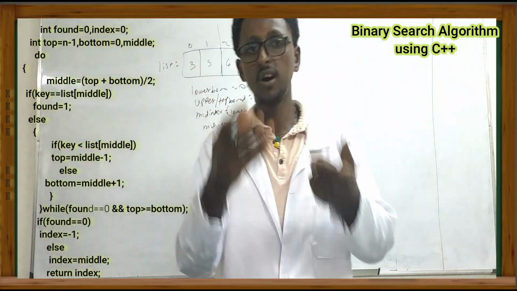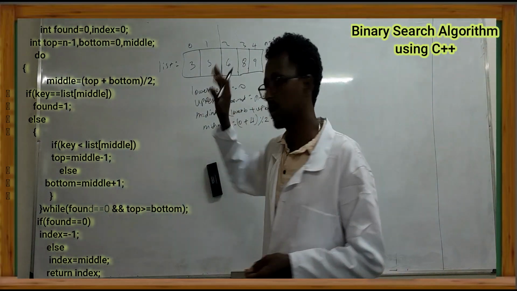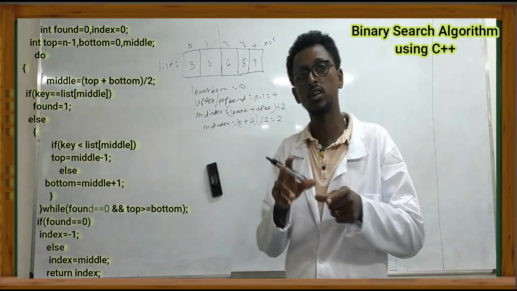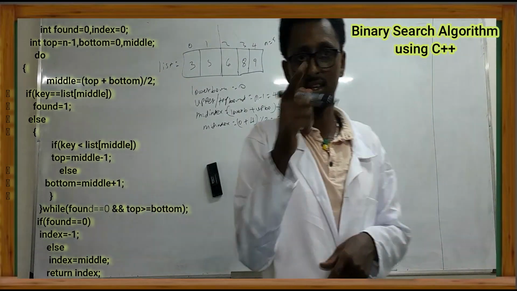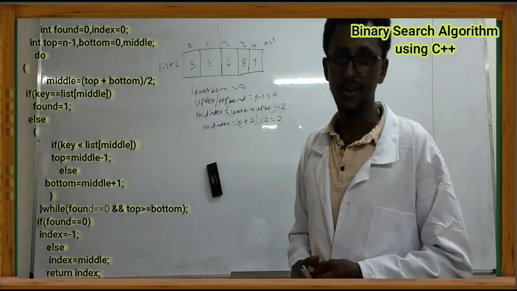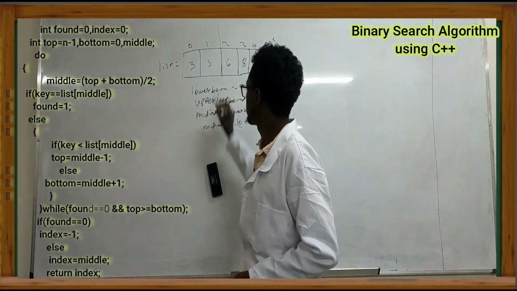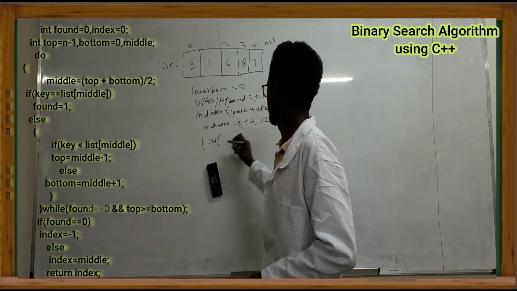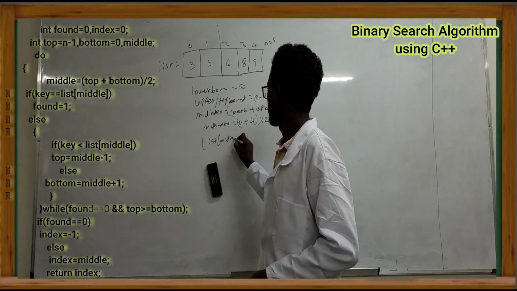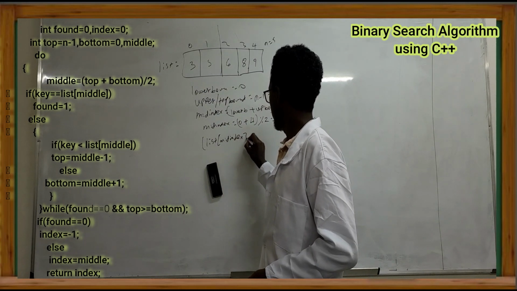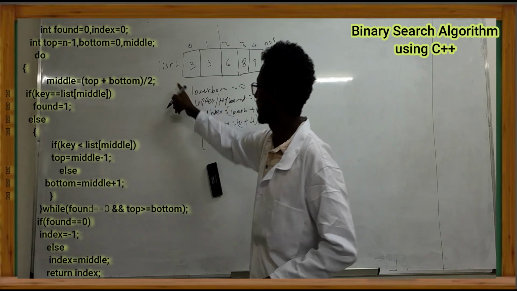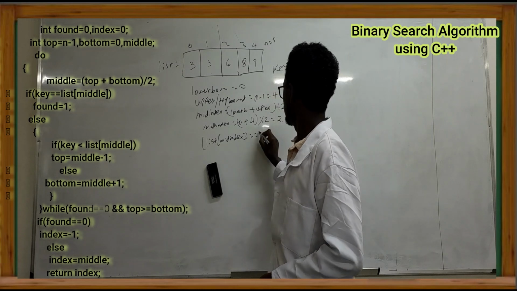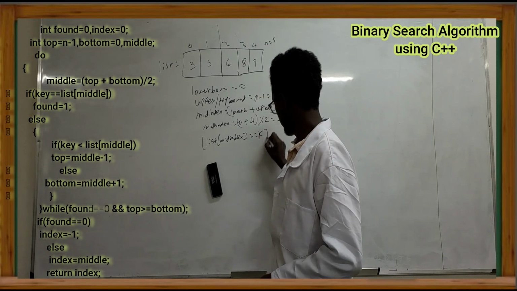Then after we get the middle index of our array, check whether the value at the middle index is equal to the target key that we want to find or not. So in this case, list of mid index is equal to the required target key.